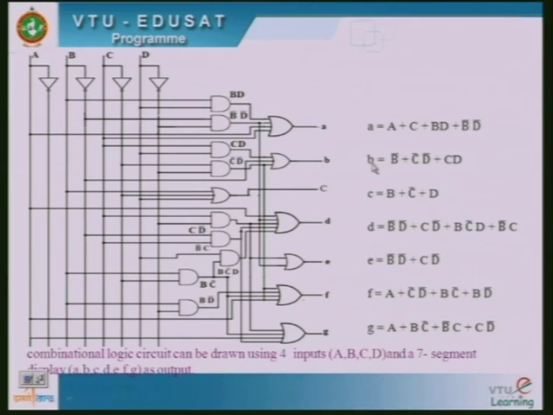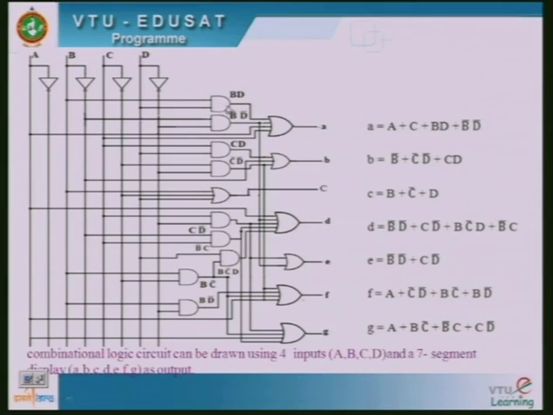So the left side indicates the LEDs, and the right side equations indicate the values in terms of the variables A, B, C, D. The output we get here should be high, because only if it is high can that particular diode of the common cathode LED segment glow.